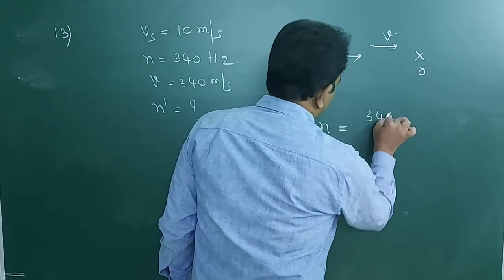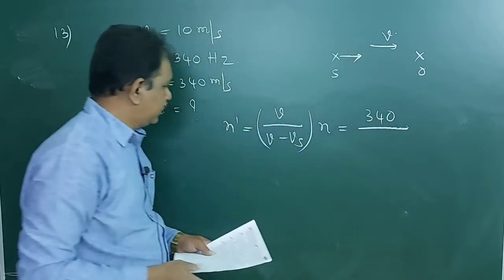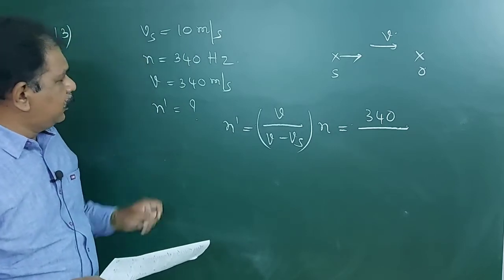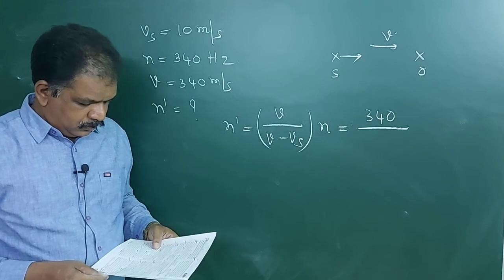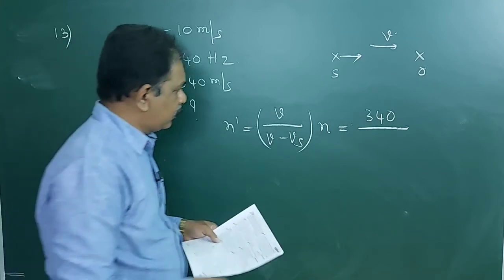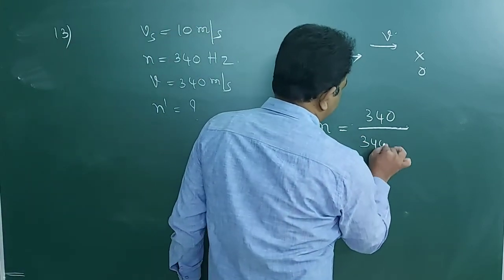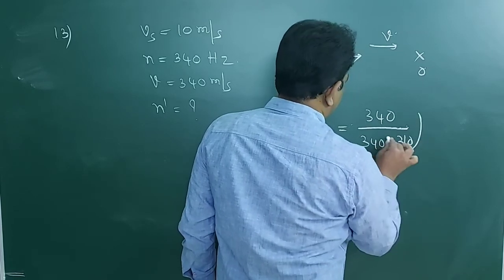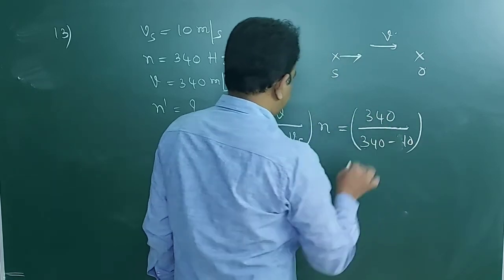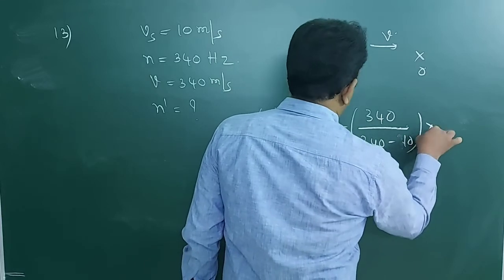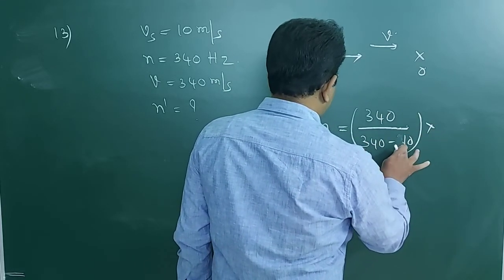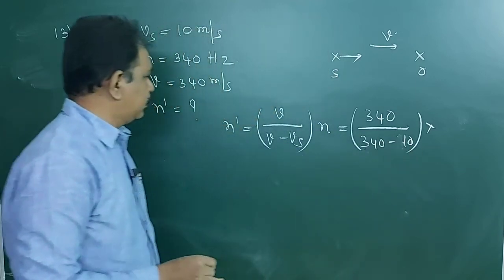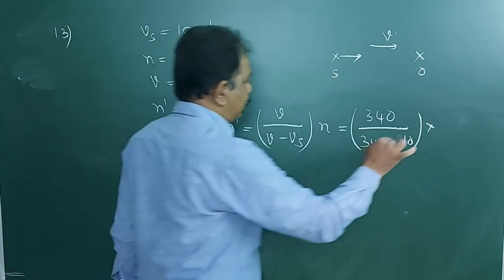So 340 by V minus Vs, that is 340 minus 10, into n value, 340.